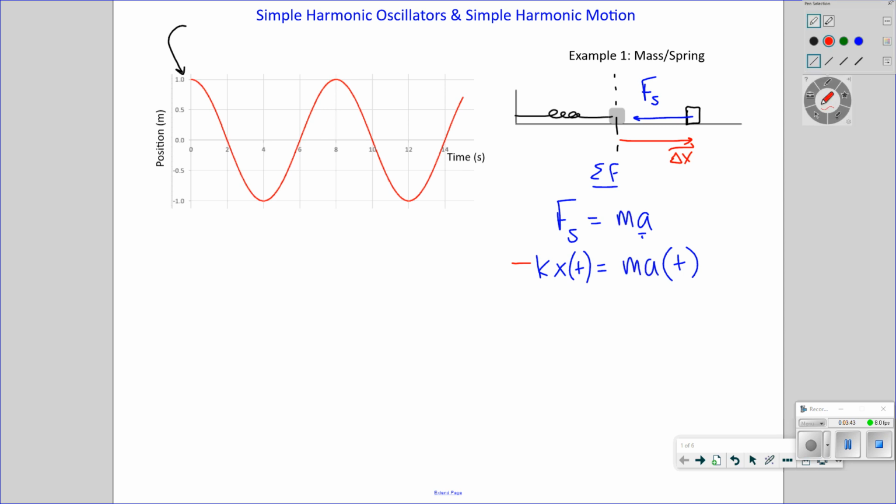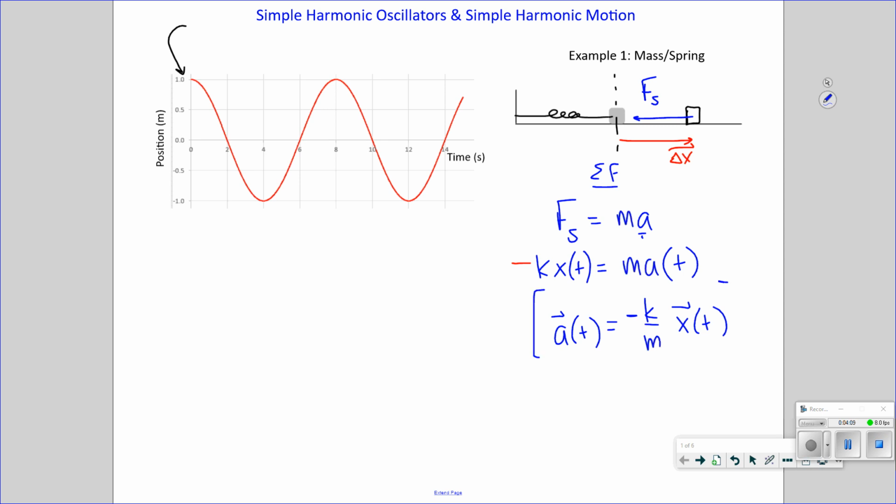And furthermore, look at this. This really says that a as a function of t is negative k over m times x as a function of t. These are vectors, and that's why this negative is in there. So this is a really important result, and it's important because of how acceleration and position are related.